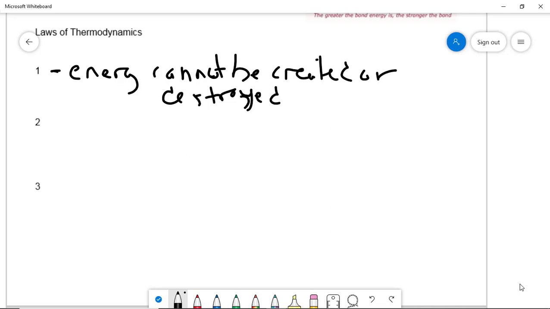So what does that mean? That means that energy is finite in the universe, and that all chemical processes, all processes that involve the transfer of energy, none of it ever just disappears. Some of it may get lost to the environment, but it still exists. It just exists in a different form. So we cannot create energy, nor can we destroy it.